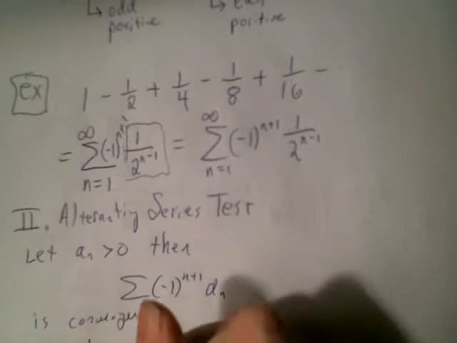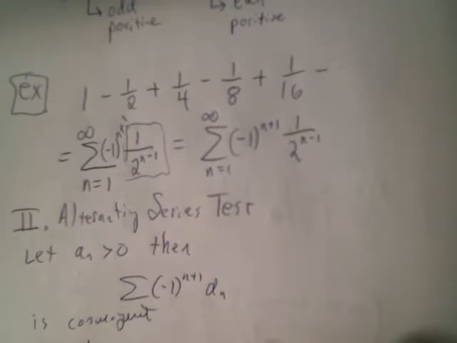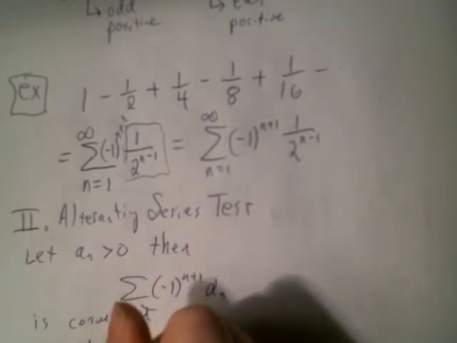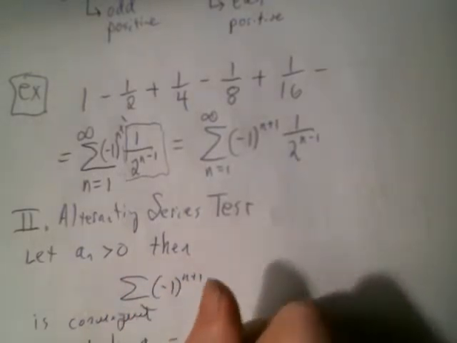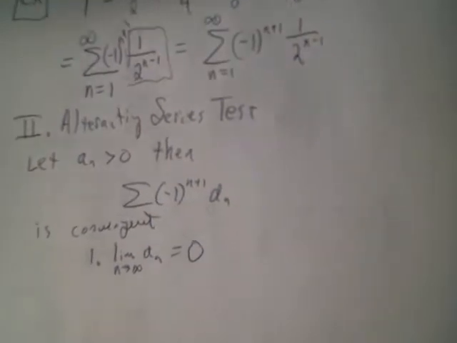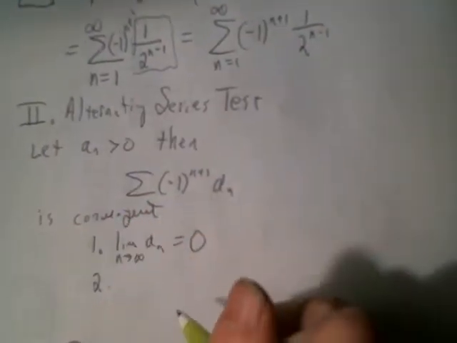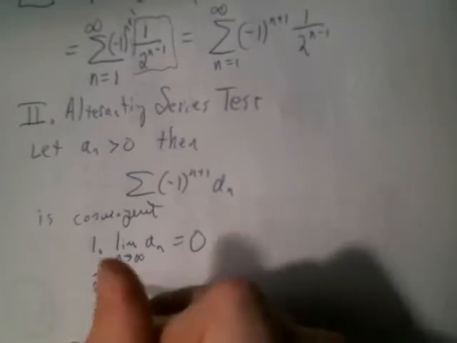So first, the limit of a sub n as n goes to infinity has to go to 0. And the second criterion is that the a sub n terms are decreasing.